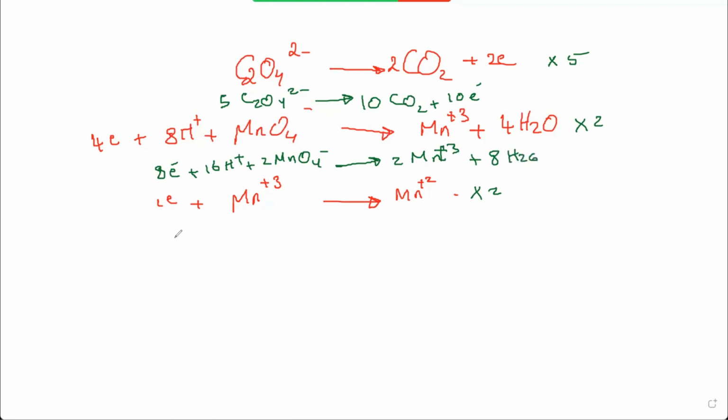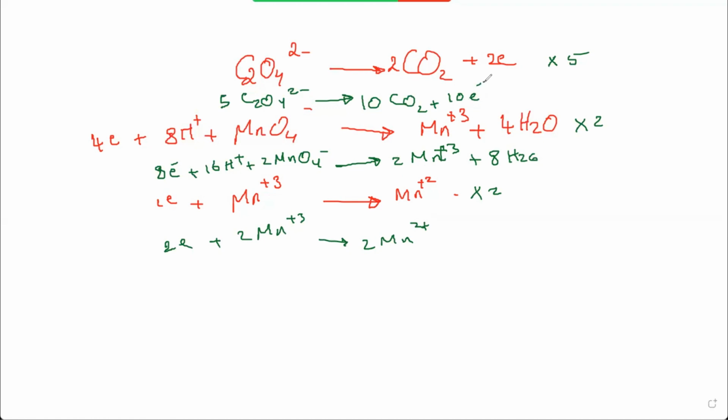And finally, we have the 2 electrons and 2 Mn plus 3. And this will lead us to have also 2 Mn plus 2. Now, as you can see here, the electrons will cancel out each other.